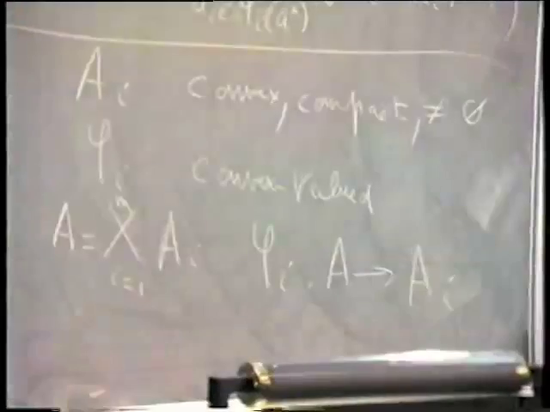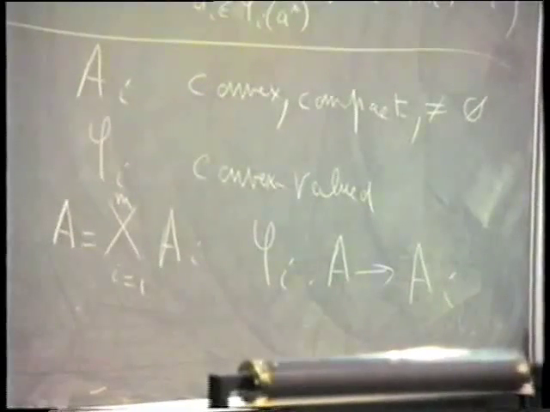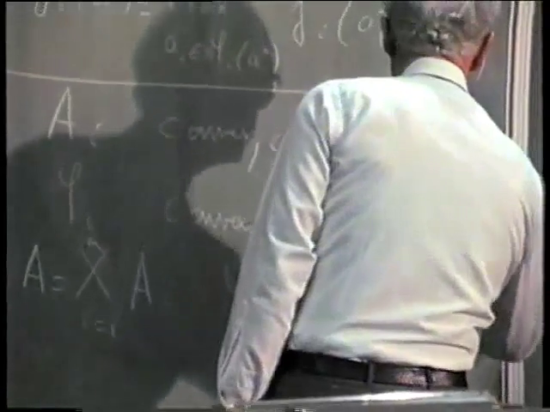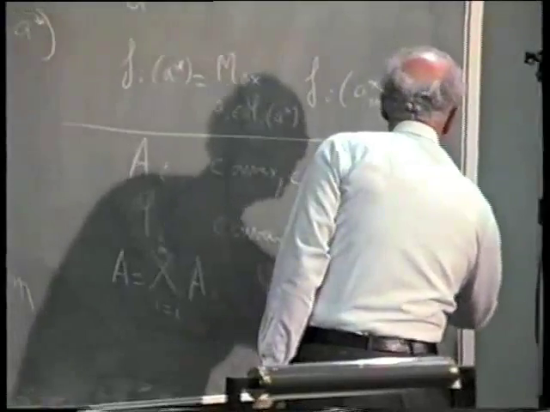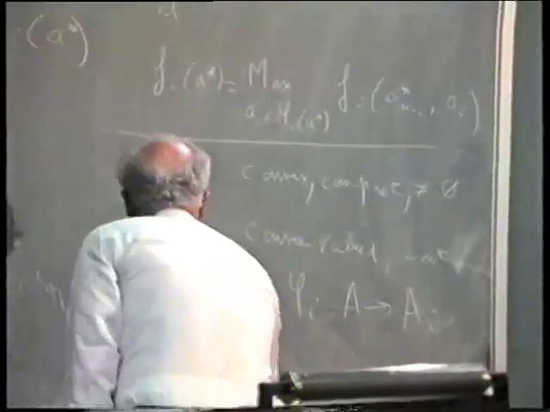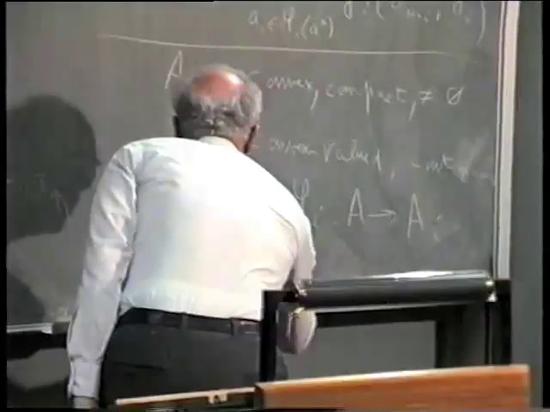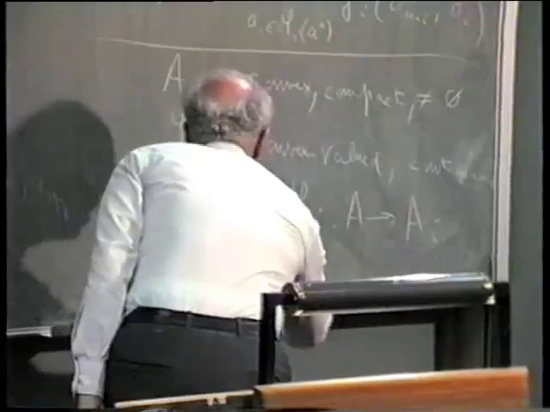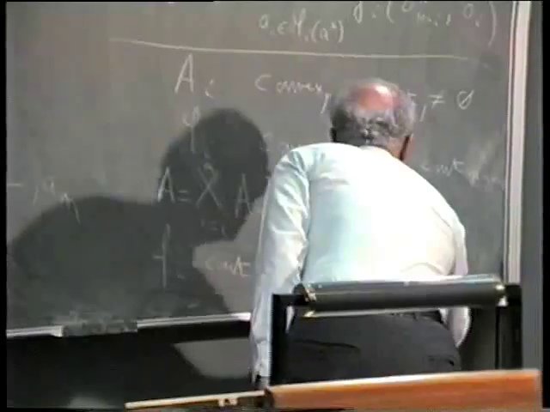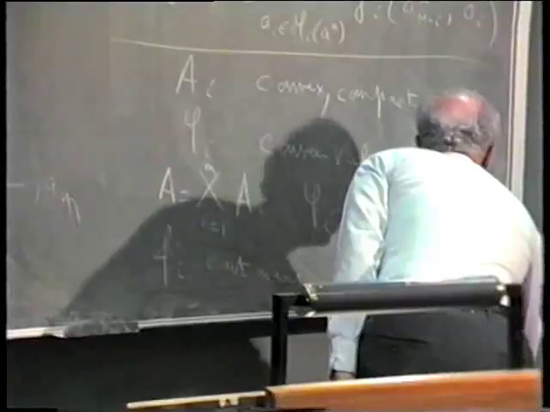So phi I is defined on A and takes its values in AI. It associates with every element of capital A a non-empty subset of AI, which is assumed to be convex, and you assume that phi I is continuous in the sense of continuity of correspondences. And finally, Fi, the utility of the ith agent, is assumed to be continuous in A and quasi-concave as any standard utility function is in AI.